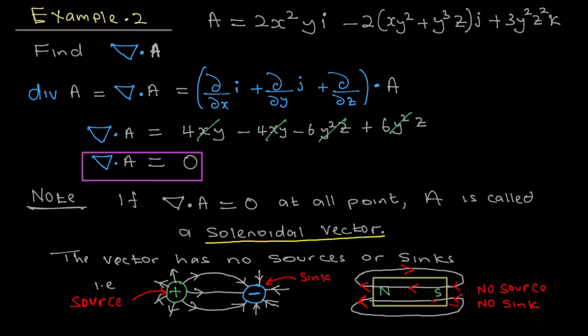So what's a solenoidal vector? A solenoidal vector is a vector that has no source or sink. If you have a positive charge and the field is coming out of the positive charge, that's what we call a source. And the field is going to the negative charge. You can see the arrow going to the negative charge, and that's the sink.